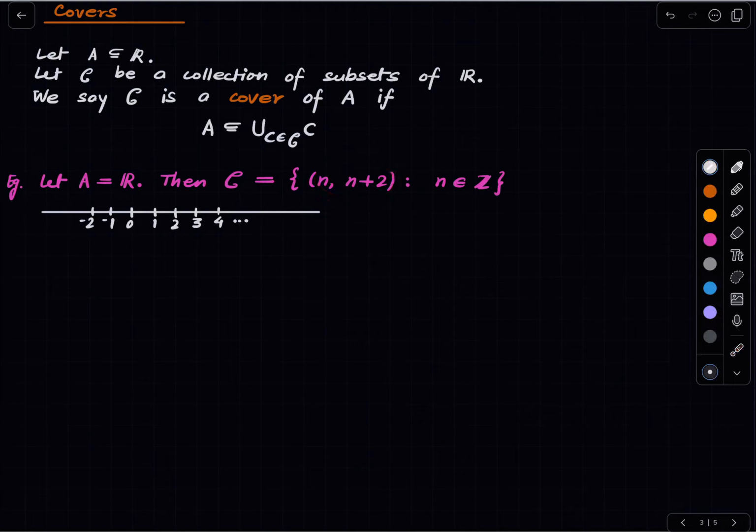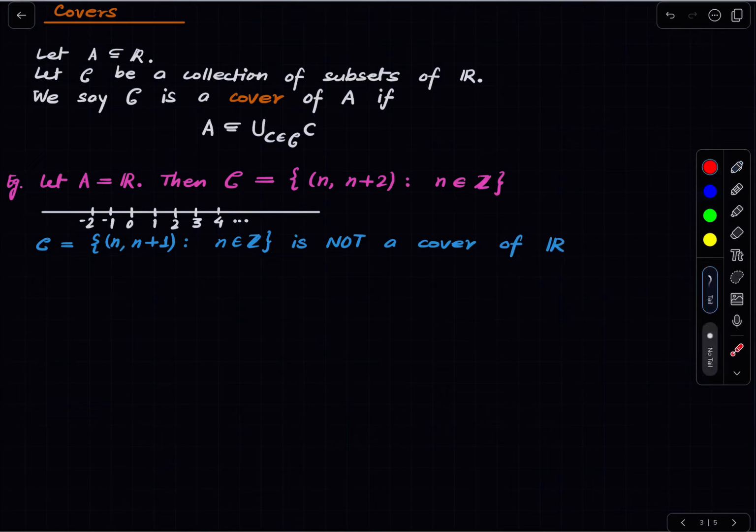Okay, on the other hand, if we had defined C as this thing, then this is not a cover of the set of real numbers because no integer lies in the union of all the elements in fancy C. So very, very simple example.